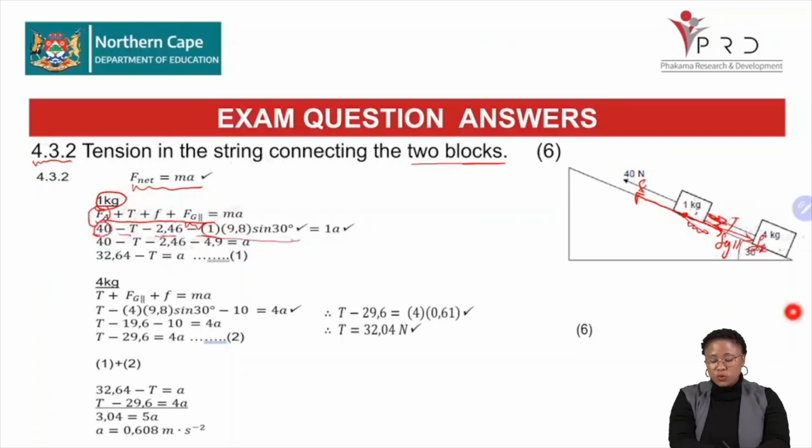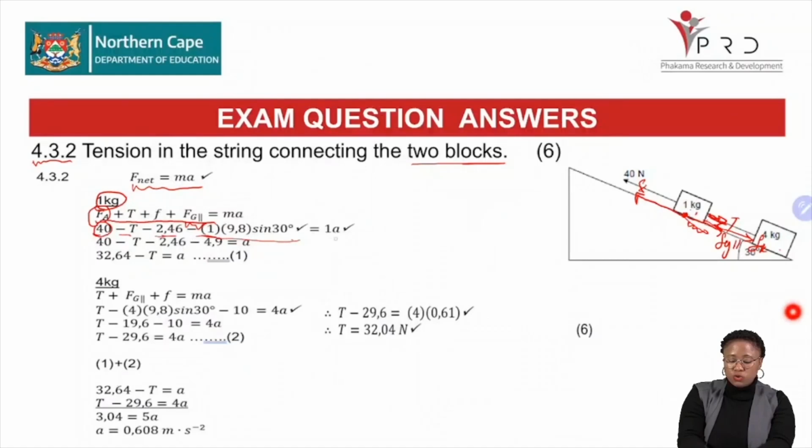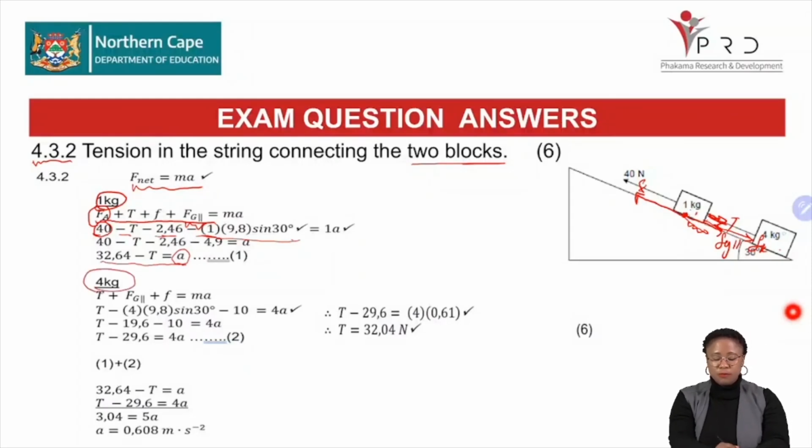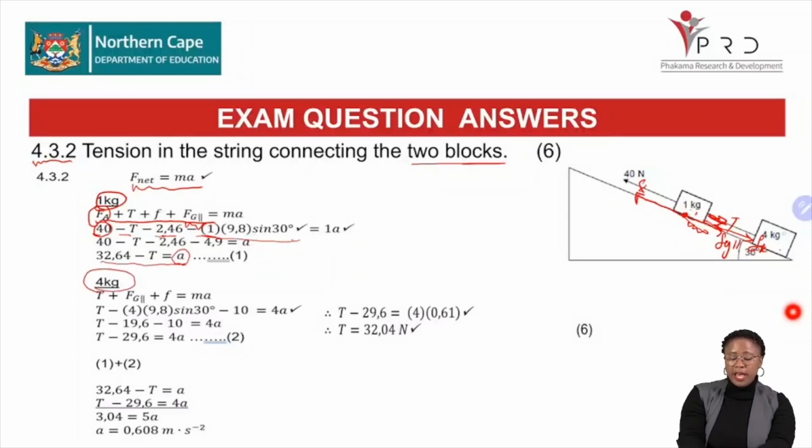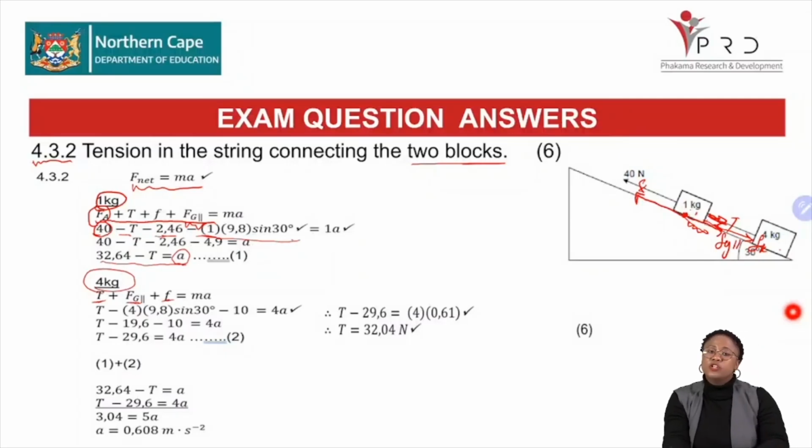Do not forget to input the Fg parallel. Then all you do is equate your equation and make a the subject of the formula. You do the same for the 4 kg block, but remember the free body diagram of the 4 kg block has changed. You have only the tension, you have the Fg parallel, you also have the friction force.